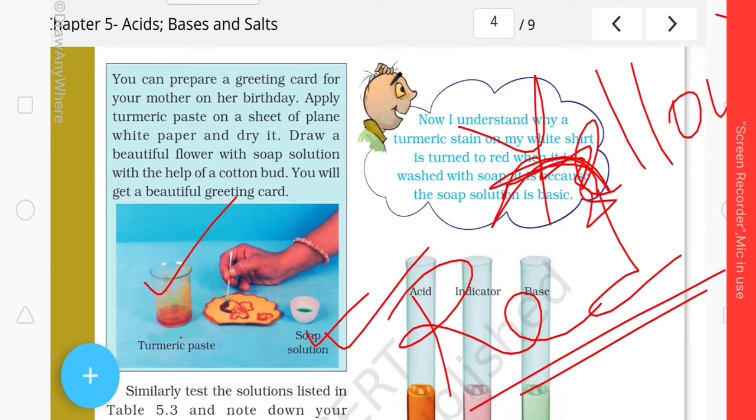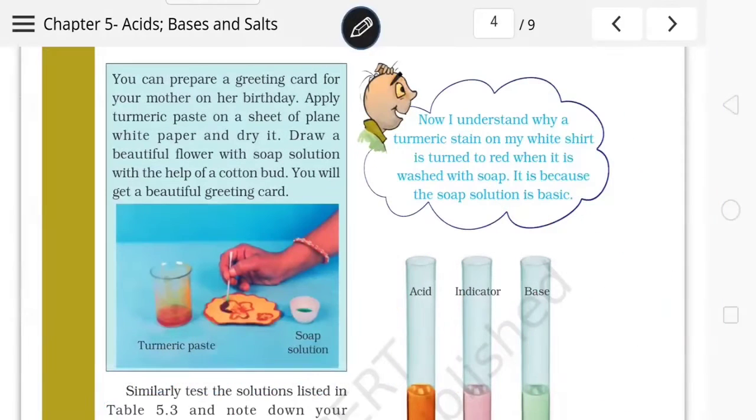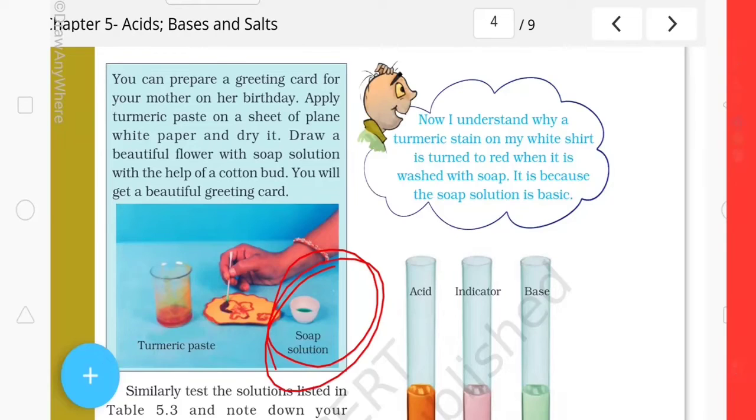So why is the color of turmeric, which was yellow, becoming red now? The reason is that this soap water is soapy, isn't it? When we touch the soap, we feel slippery. If it is soapy and bitter in taste, we can say that the substance is a base.